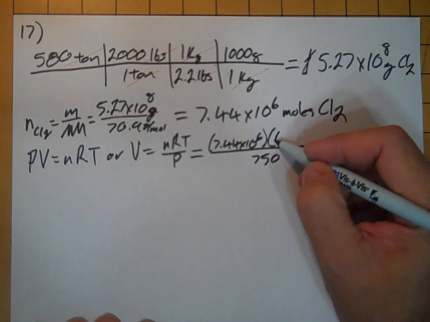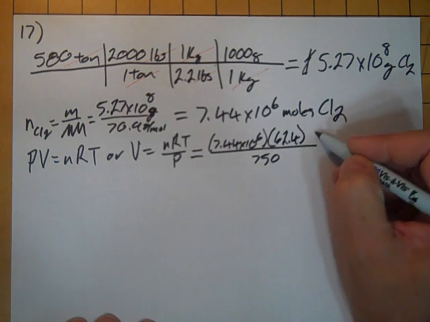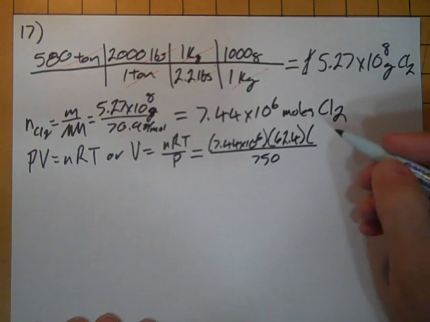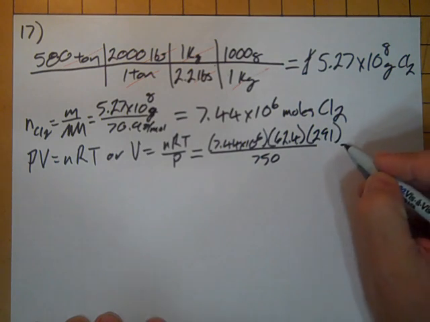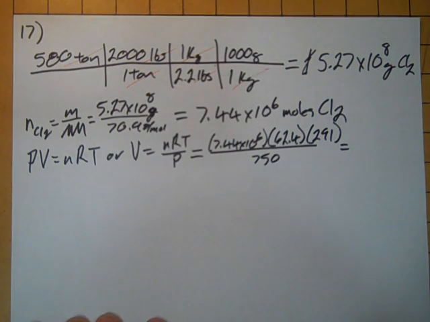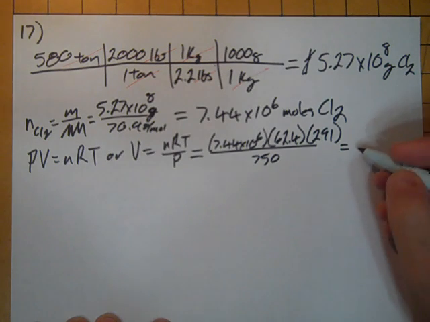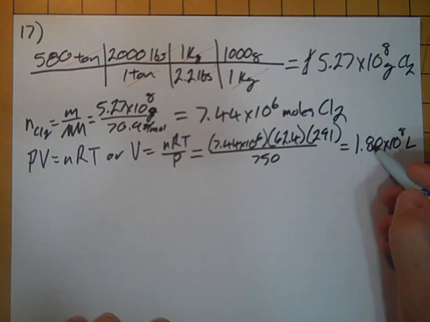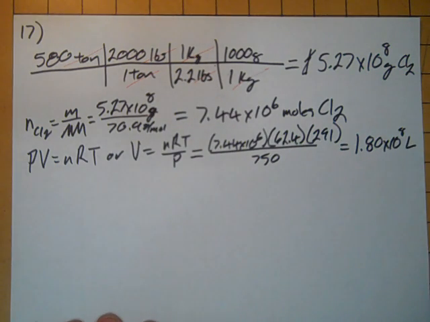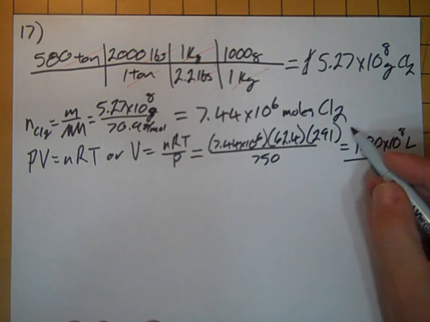And that means for R we want to use 62.4. And the temperature was 18, which turns out to be 291 Kelvin. So my volume is 1.80 times 10 to the 8th liters. Quite a large volume. And that's the first answer.